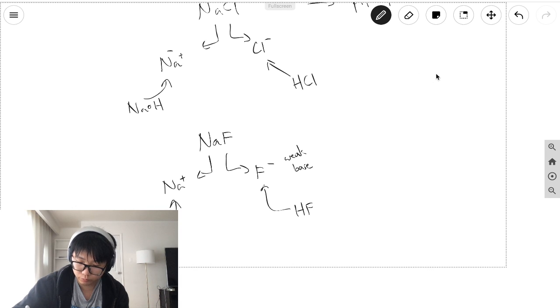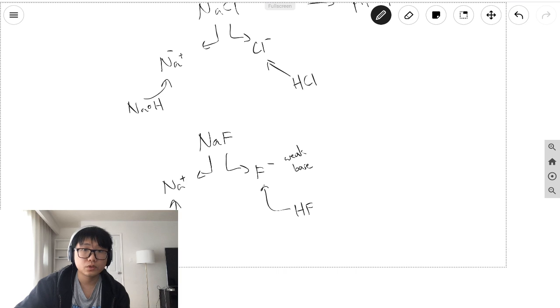Weak goes with weak, and strong goes with very weak. So therefore, if I were to predict NaF, what is the pH of this going to be? This is going to be basic, because I basically combined a weak base with something that's neutral. Then I'm going to have the whole thing as a base. Does that kind of make sense?